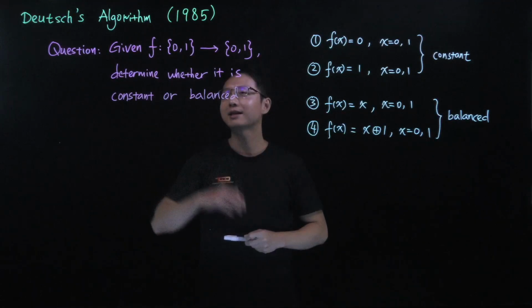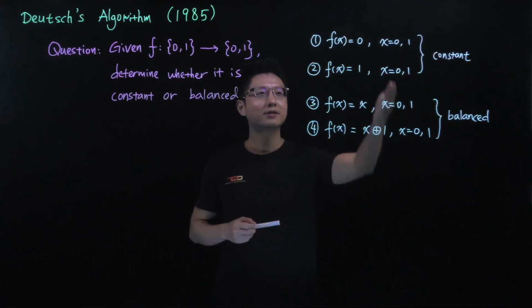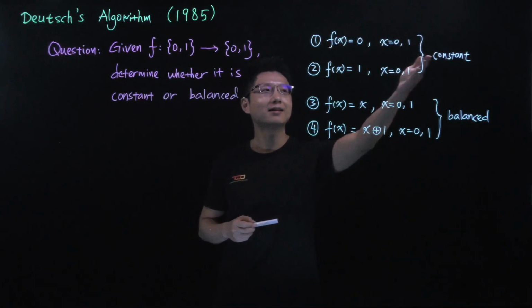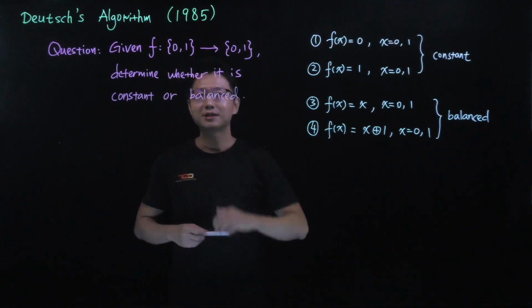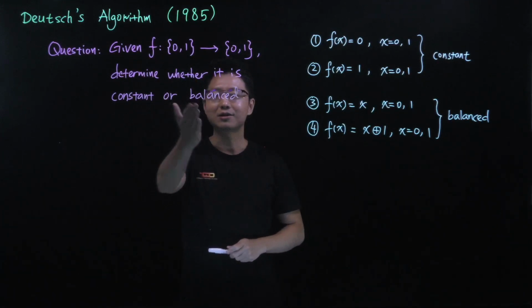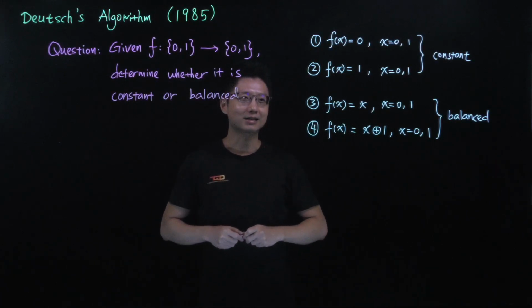The question is basically quite easy. Suppose I promise you I have given you one of these 4 functions, so it's either the constant type or the balanced type. Are you able to determine whether this function is constant or balanced? Well, you say that the answer is actually quite easy.